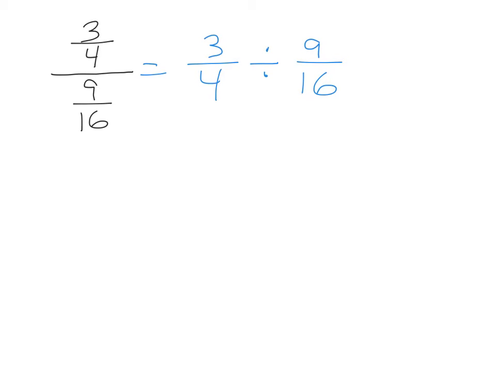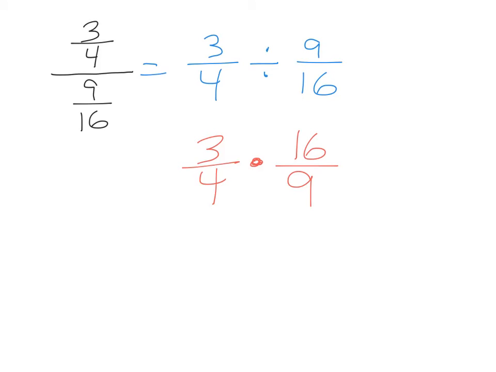Now, going back to elementary school, when you learned how to divide fractions, we know that to divide fractions, we leave the first fraction exactly the same. We change division into multiplication. And then we take the second fraction and we turn it into its reciprocal, which is nothing more than flipping the fraction over.